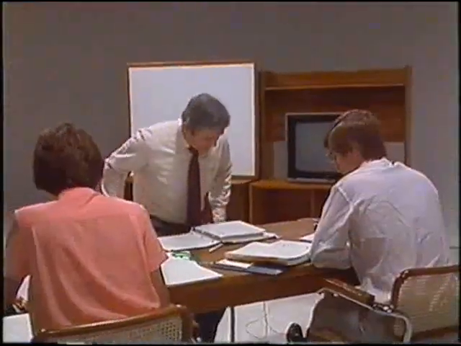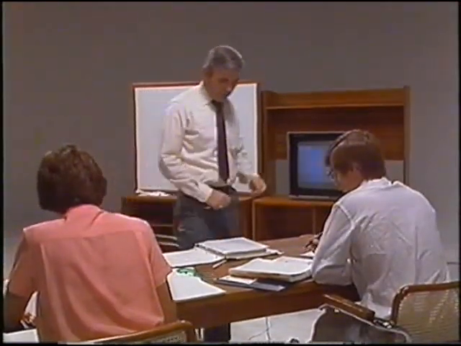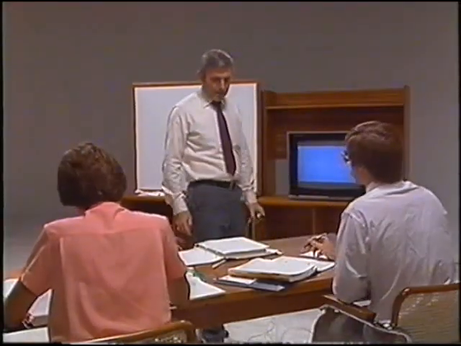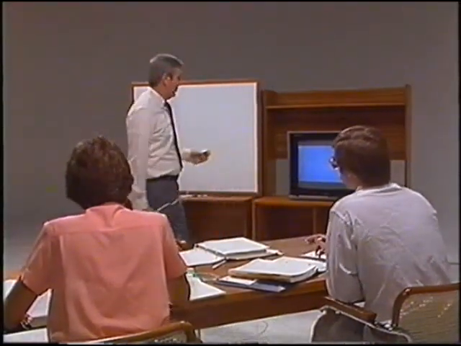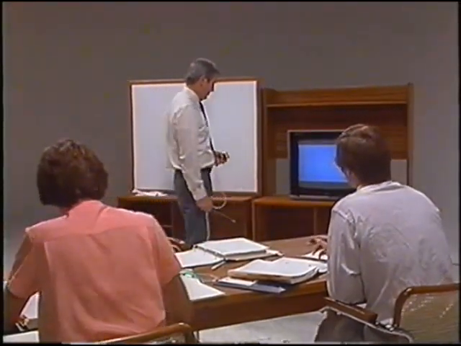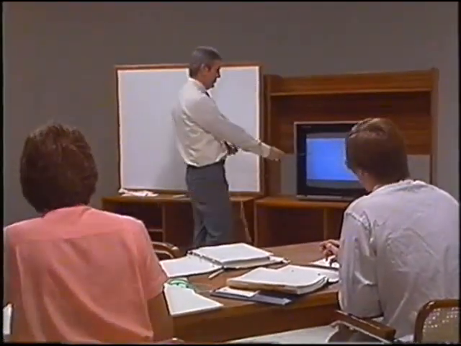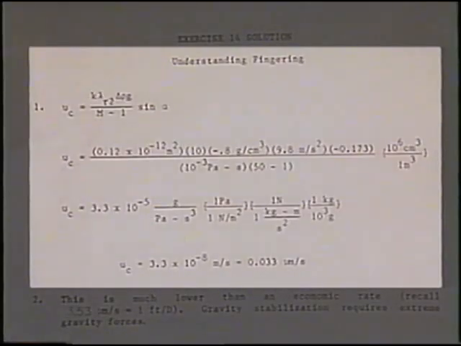The first step asks you to take the formula for critical interstitial velocity, and calculate that with the values known. Here's the formula right there, understanding fingering, and the values that we give you are substituted in the formula across.